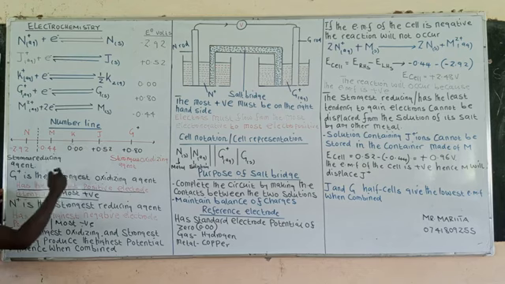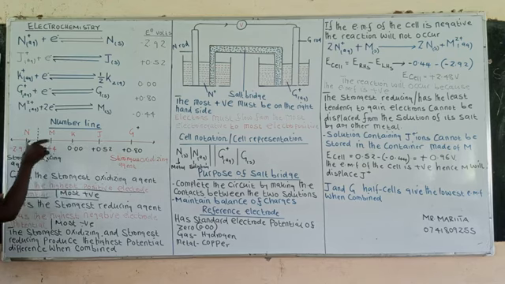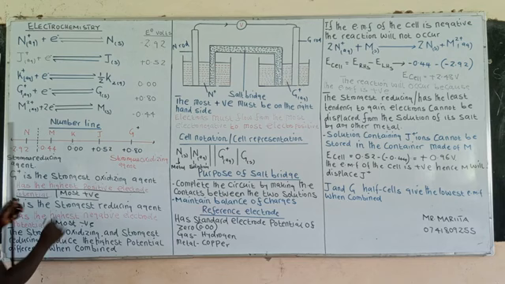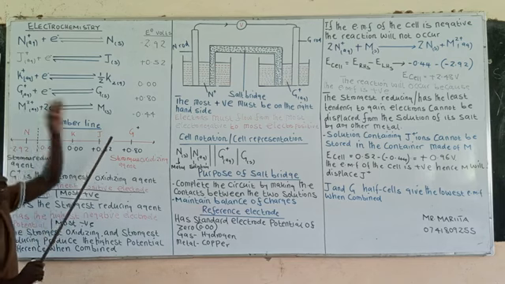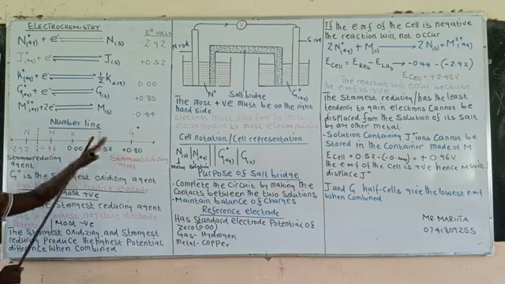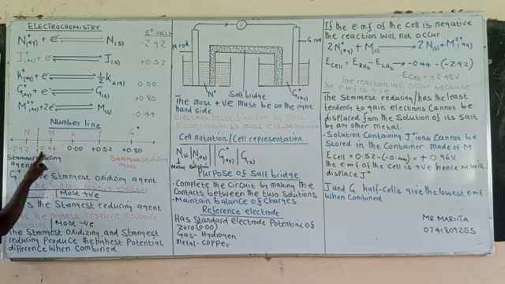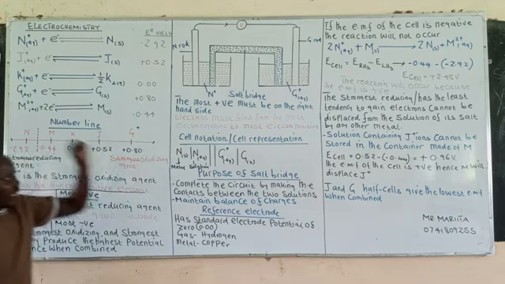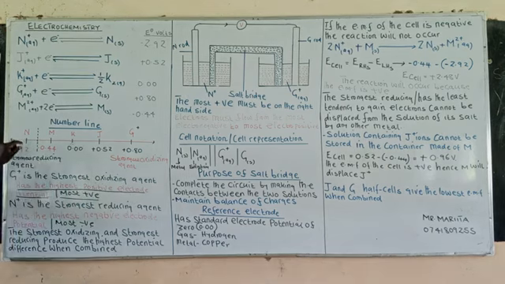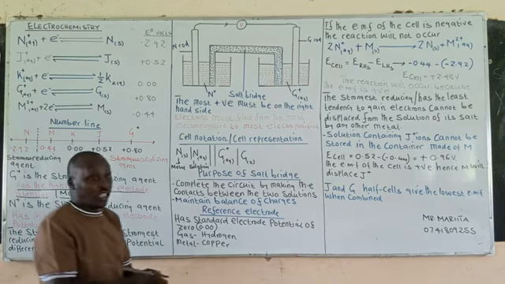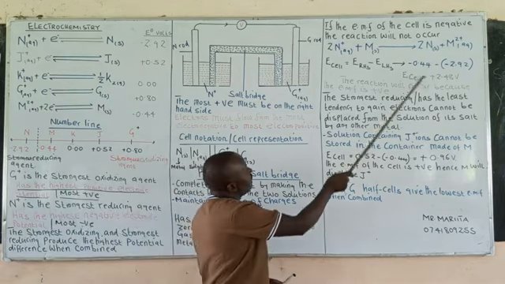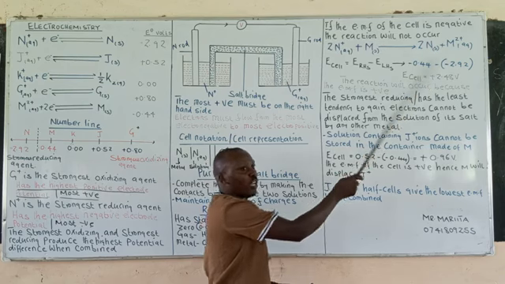So if you use that, the EMF of these two cells must be the standard electrode potential of the right hand side, that is negative 0.44, minus the standard electrode potential of the left hand side, which is negative 2.92. As you can see, it gives us a positive 2.48.